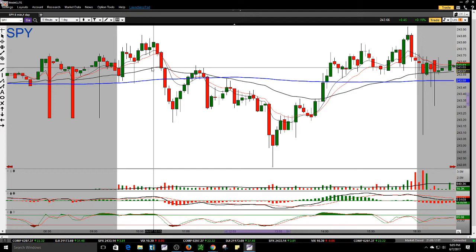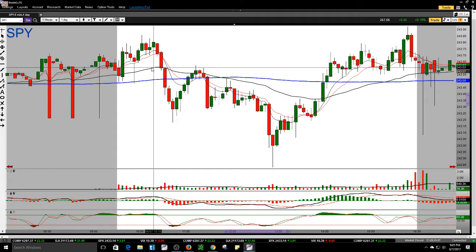There are a lot of different types of chart formations and graphic chart descriptions that you can use, and a whole bunch of other things if you don't like candlesticks. But for me, I like them. I'm familiar with them, and I'm comfortable using them.